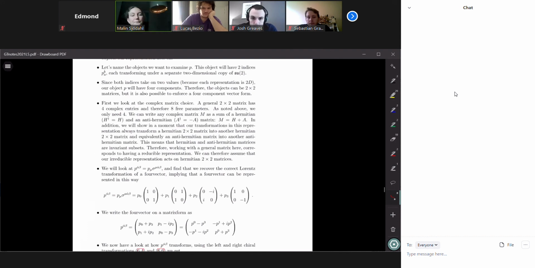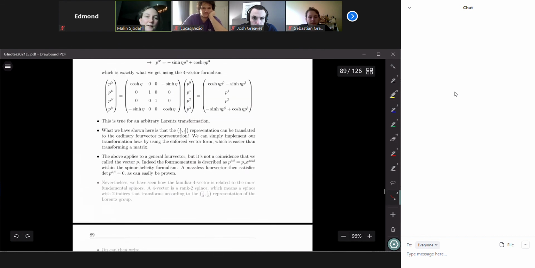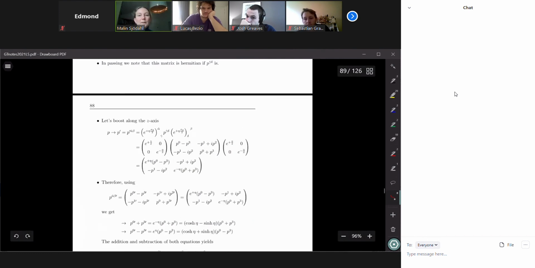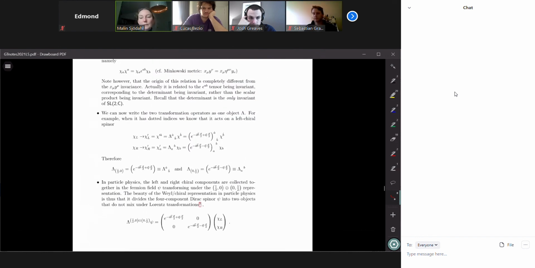But what we will do instead next time is consider an object having two indices, and we'll do a little bit of calculation, and we will find that we can translate that object having two indices, one dotted and one undotted, into something which is a 4-vector. So we will recover the 4-vector transformation. But I don't think it makes sense to stop in the middle of the derivation, so I will instead finish up now.